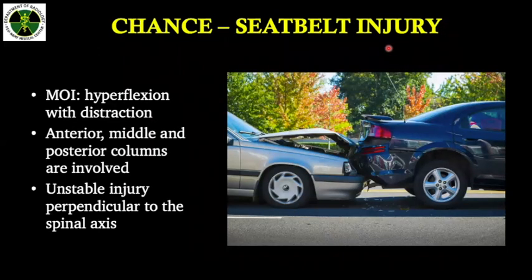Chance fracture is a common seatbelt injury. The mechanism of injury is hyperflexion with distraction. The anterior, middle, and posterior columns are involved, and this is an unstable injury perpendicular to the spinal axis.